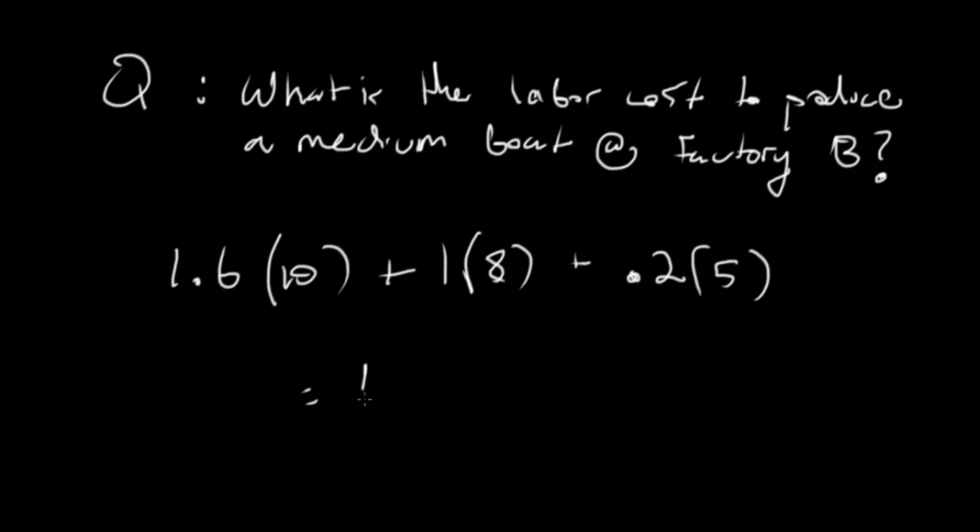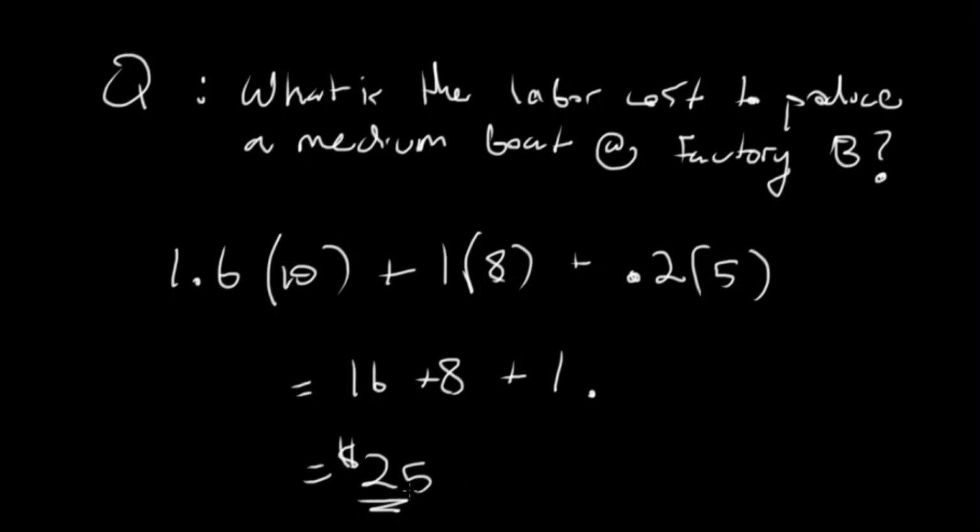All right, we got 16, we got 8, and we got 10 halves. And we got 16, we got 8, and we got 1. So that, what is that? That's $25.